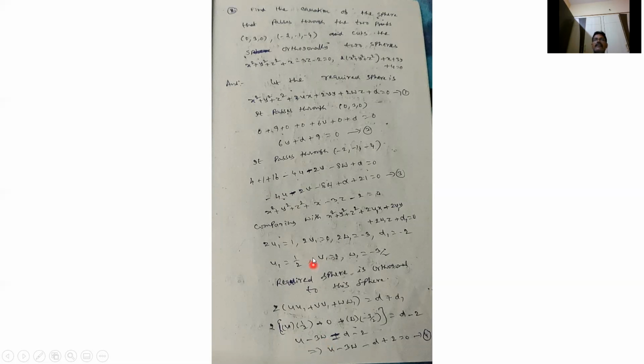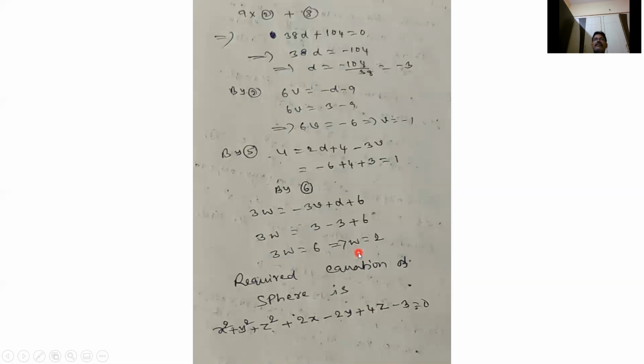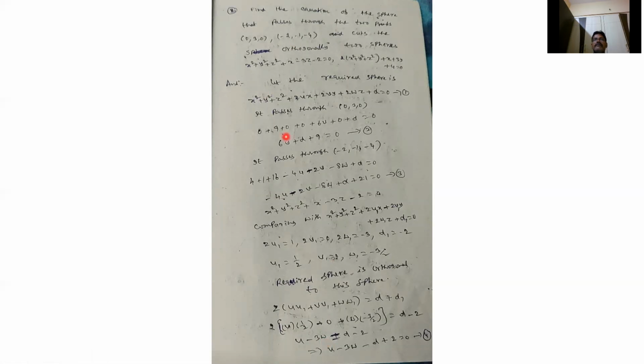And 9d plus 29d is 38d. Then 9 into 9 is 81, 81 plus 33 is 114.